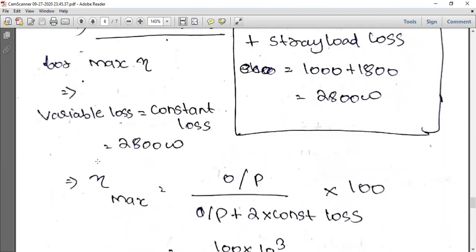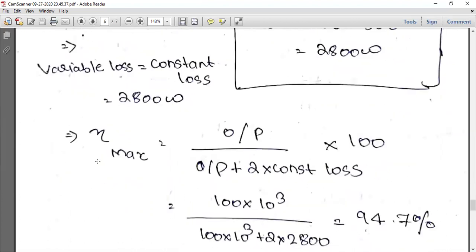So we know that efficiency is equal to output by output plus losses. But in case of maximum efficiency, the losses are equal, so we can take 2 times the constant losses: output by output plus 2 into constant losses.